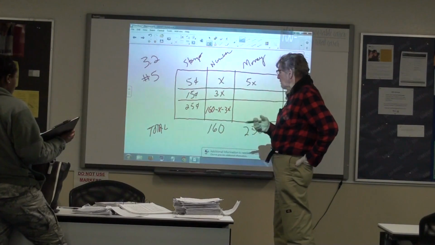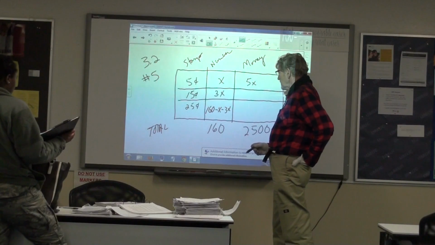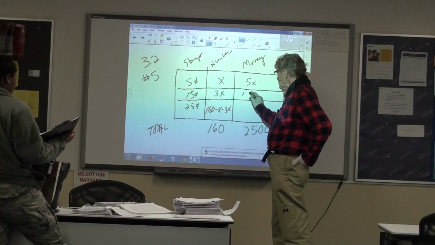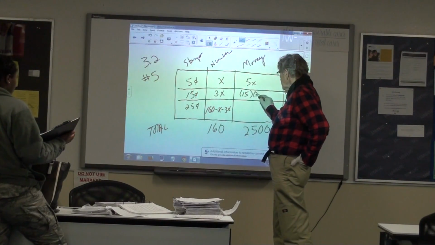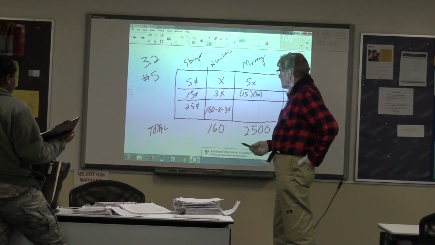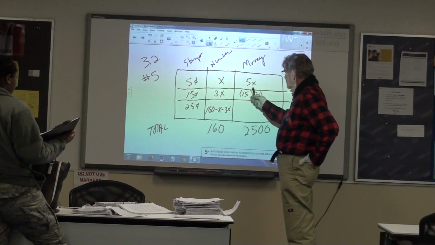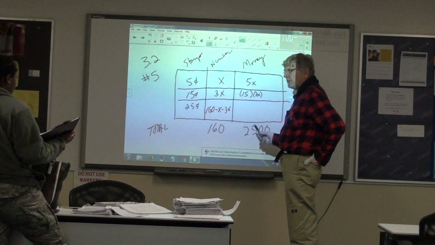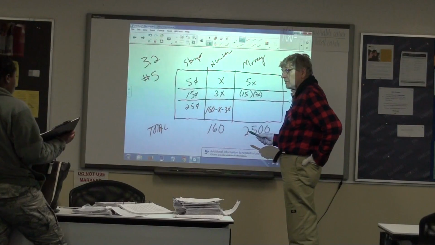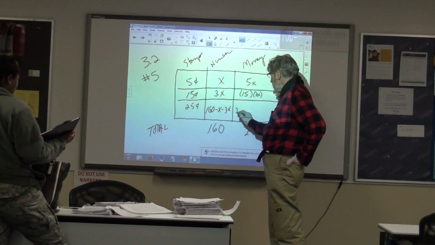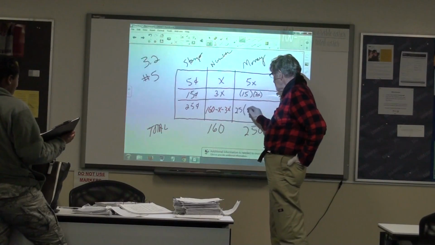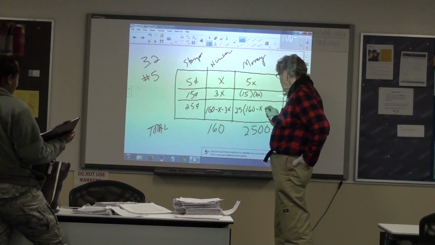Okay. How much total money is in the 15-cent stamps? Each stamp is worth 15 cents, and there are 3X of them. So the price of one stamp times the number of stamps is the amount of money in that denomination of stamps. So what goes in this box? 25 times 160 minus 4x.